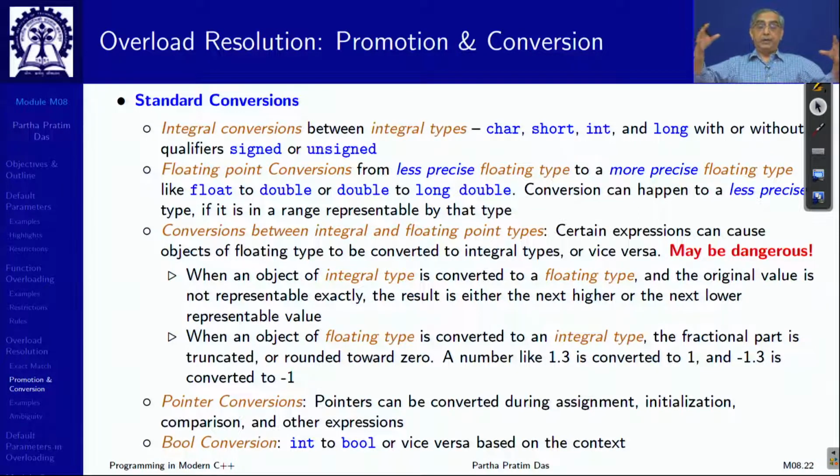When I go from less precise like float to more precise like double, there will be no issue. But if I want to do the reverse, then it may not always be possible, because the more precise will have a bigger range of possible numbers. I can convert pointers, and I can do conversion of bool and integer.